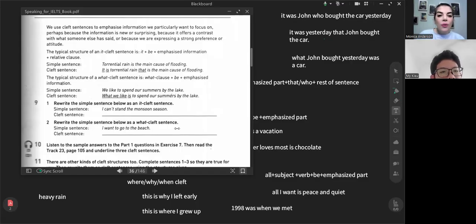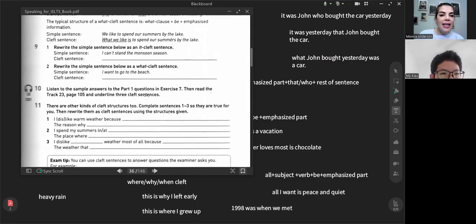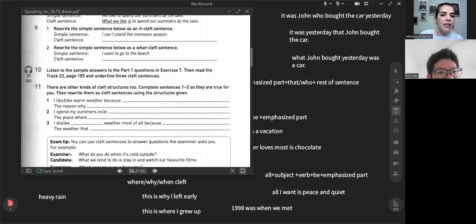And the next one, we have what cleft? I want to go to the beach. What I want is to go to the beach. Very good. Okay, and now let's see. Listen to the sample answer to the part one question in exercise seven. Now, there are other kinds of cleft sentences.